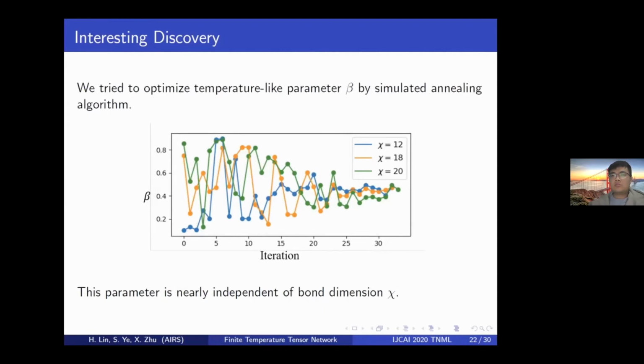We believe that the optimal temperature layer is only a function of the dataset, or in other words, an intrinsic property of the dataset. Obtaining such a property might be useful in training other machine learning-based tensor network frameworks.